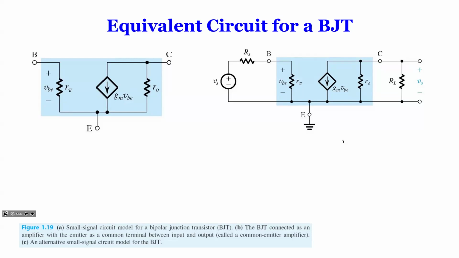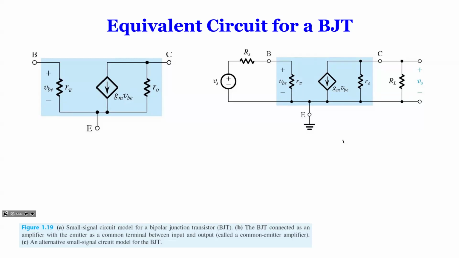Okay. So now let's look at a real device circuit. This device circuit is the equivalent circuit of a BJT, bipolar junction transistor, which is similar for a MOSFET. So this transistor, for small signal, what does it do?